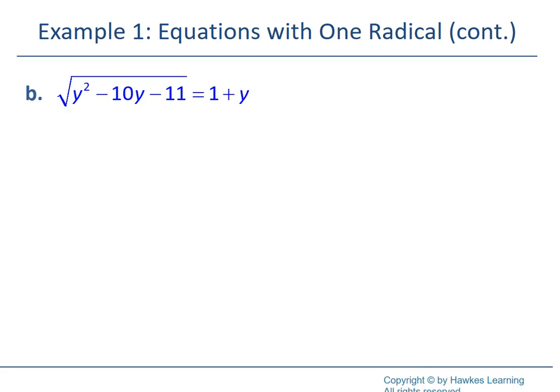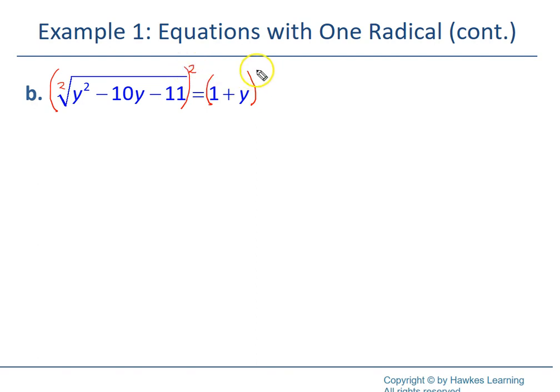Okay. All right, for example B, again, we want you to pause and write this down. And what is the rule for getting rid of the radical sign? Well, whatever the index number is here, we raise it to that power. But if we do it to one side, we must do it to the other side.